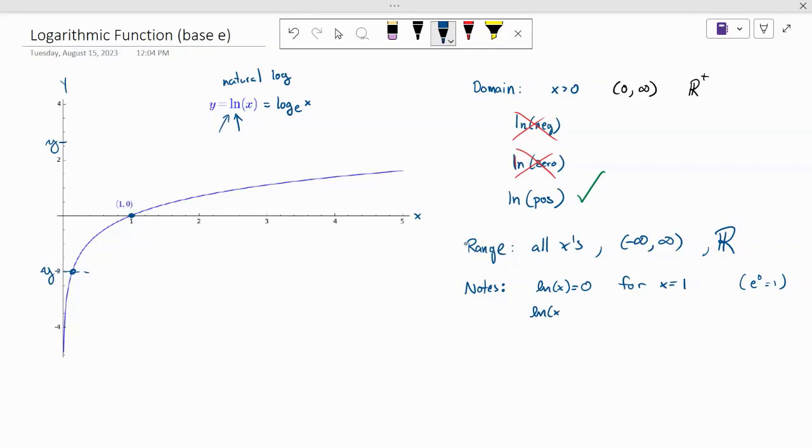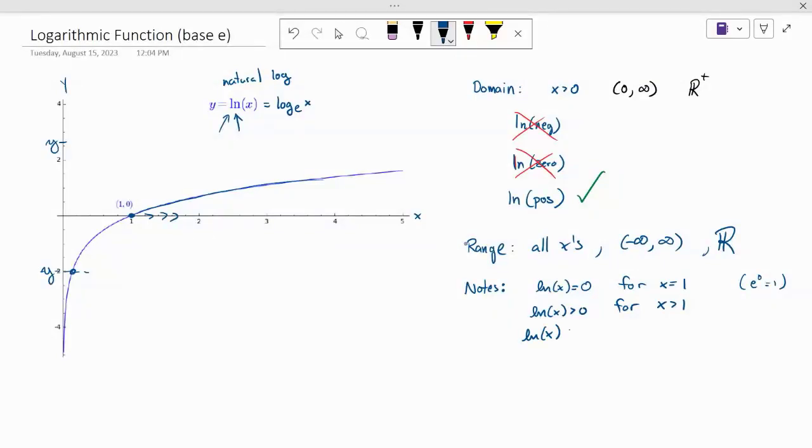Okay. When is log positive? Well, the graph is above the x-axis when x is greater than 1.